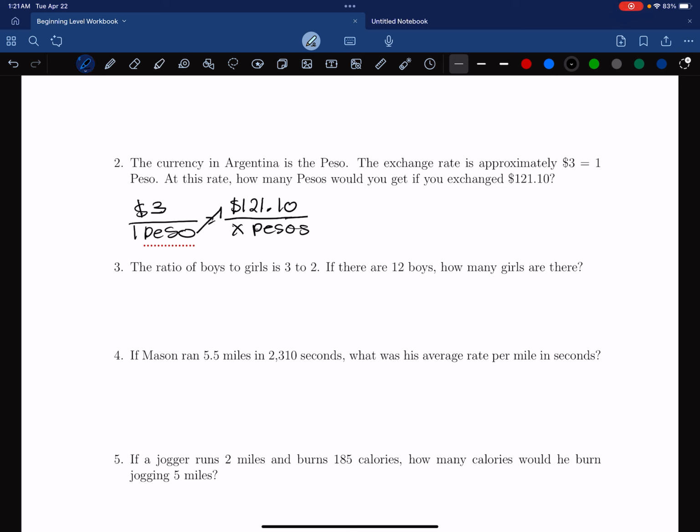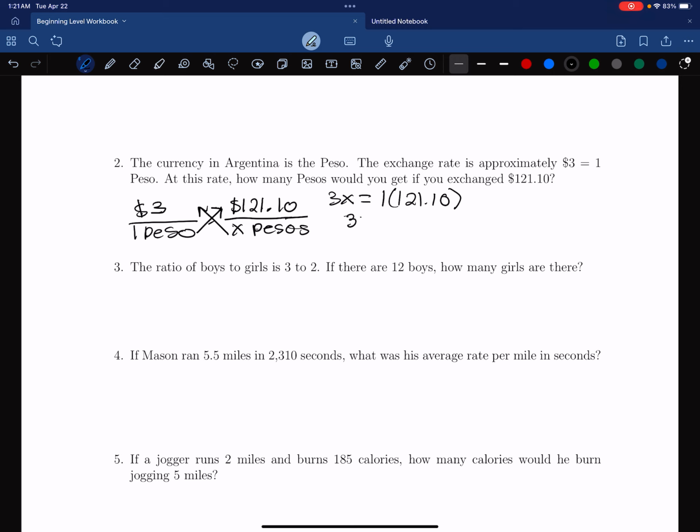So let's cross multiply. So we're going to get 1 times, well, let me write X on the left-hand side of the equation. So we're going to get 3X, because we get X times 3. So 3X equals 1 times 121.10.